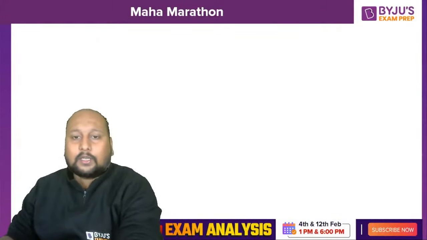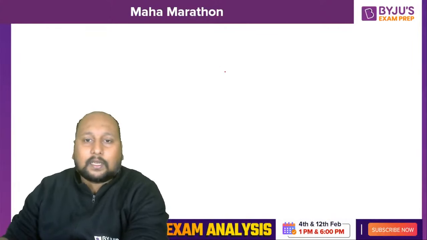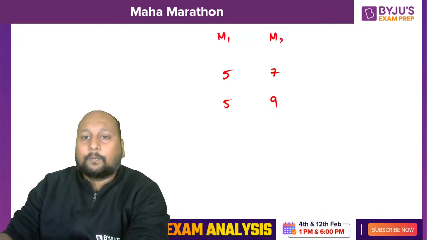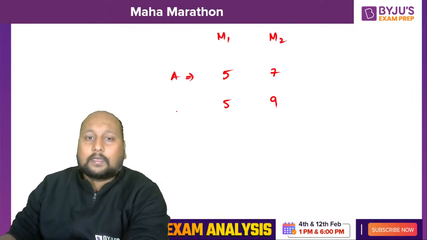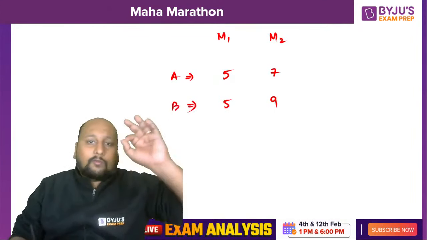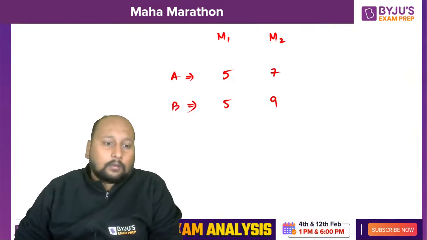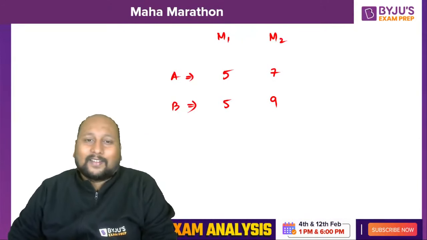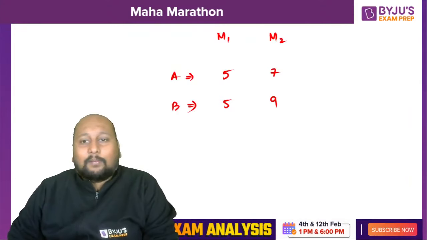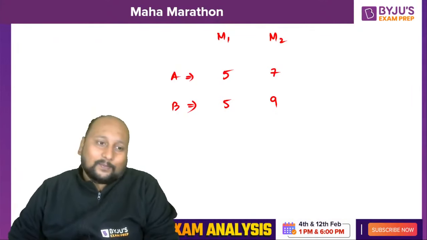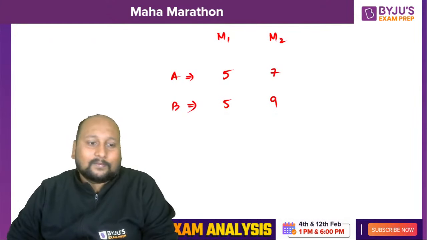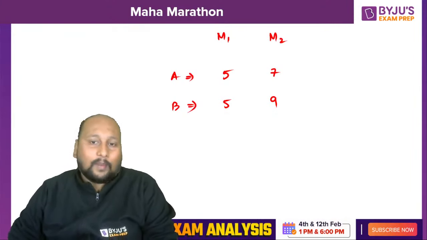Let us suppose one scenario like this: 5, 7, 5, 9. Let's say this is machine number 1 and machine number 2, and this is job A and this is job B. Can you tell me which job will be preferred first, A or B?